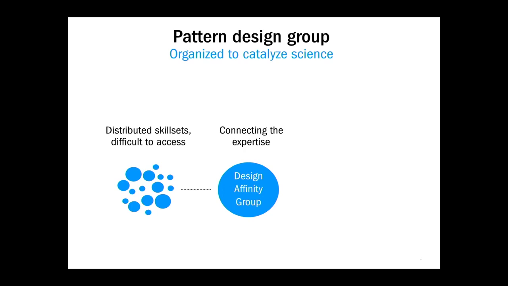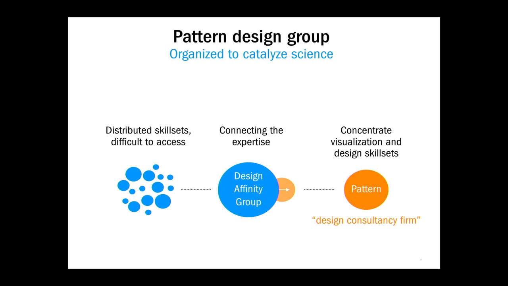But we realized that's a peer-to-peer knowledge sharing group, and they can't actually do any work. And so we created a group called Pattern, a specialized team of designers and developers that can work through collaborative projects on approaches like the ones I've described.